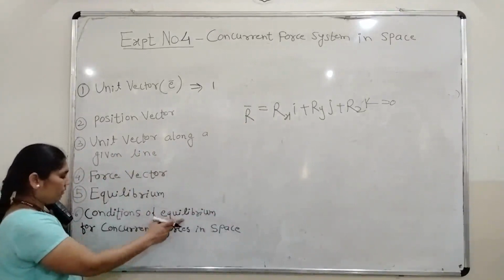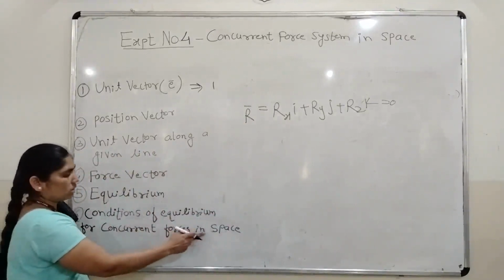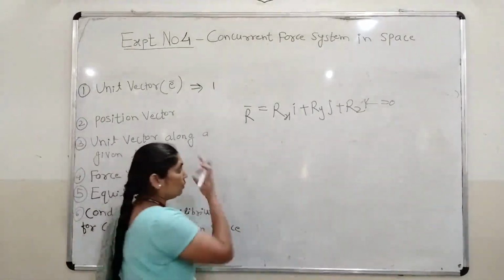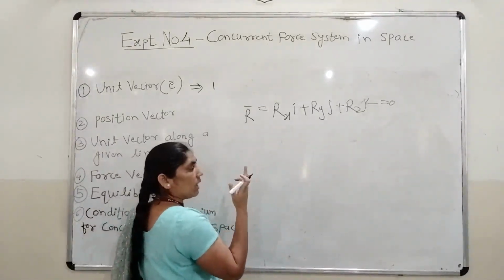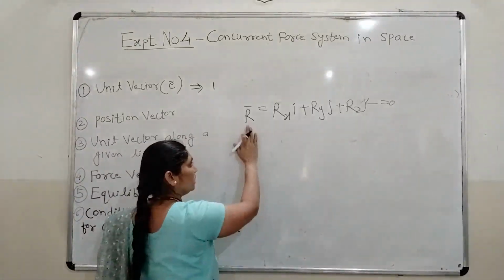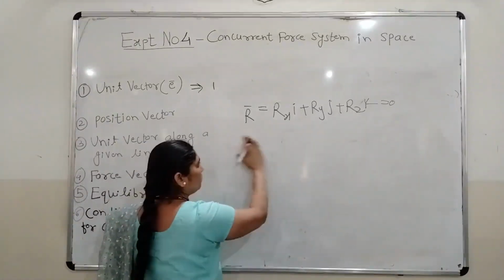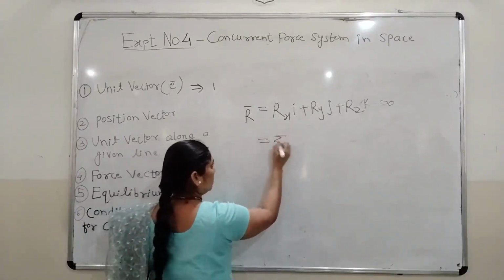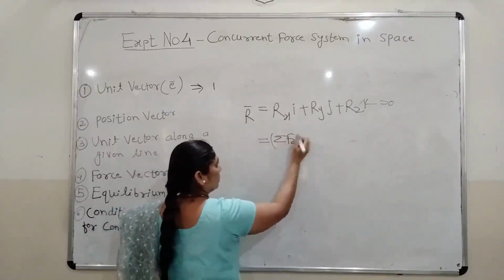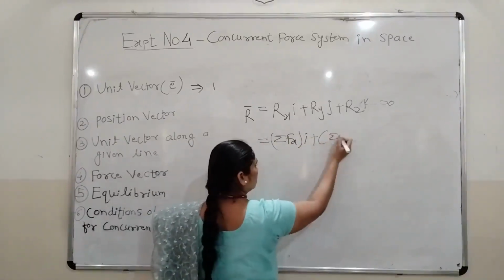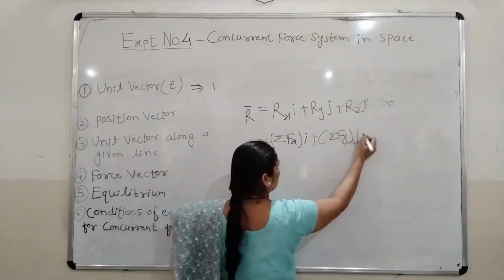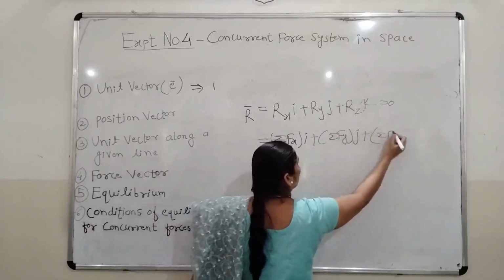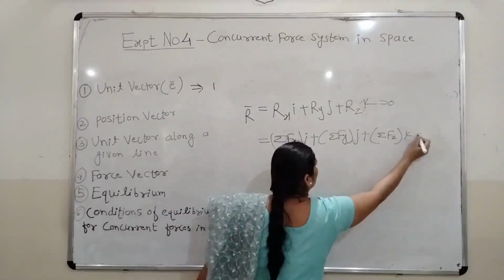Conditions of equilibrium for concurrent forces in space. As it is the concurrent force system, your net resultant acting on the system is nothing but the resultant force. Okay, so we can write it as Rx is nothing but your summation Fx i plus Ry is summation Fy j plus Rz is summation Fz into k is equals to 0.